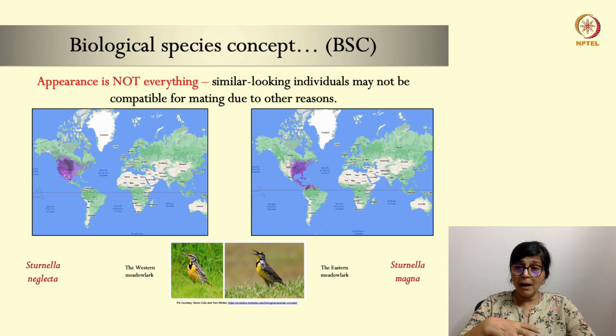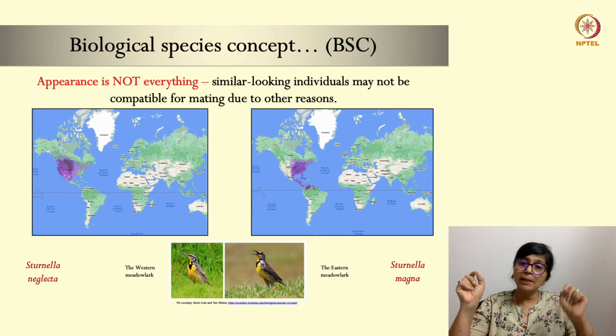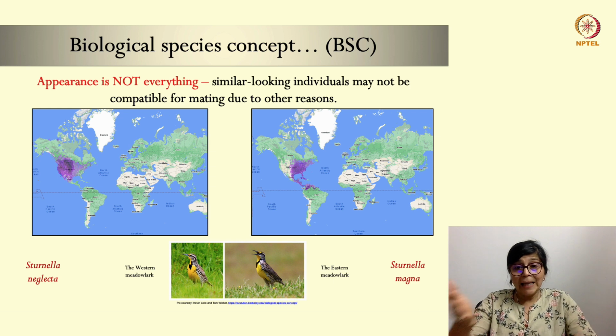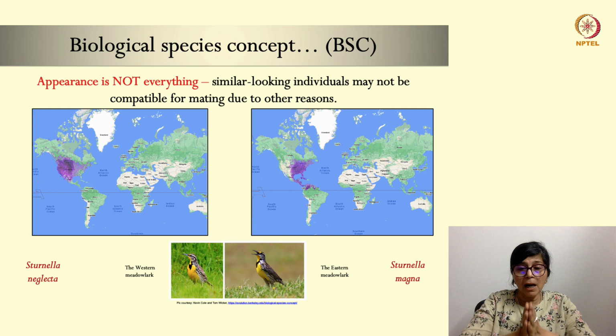If they are in a breeding season or mating season, looking for a partner, and the call they hear is not familiar, then they don't go for mating, right? That starts to make a difference or an isolation between these two populations.